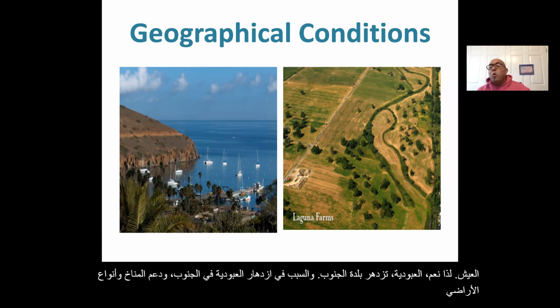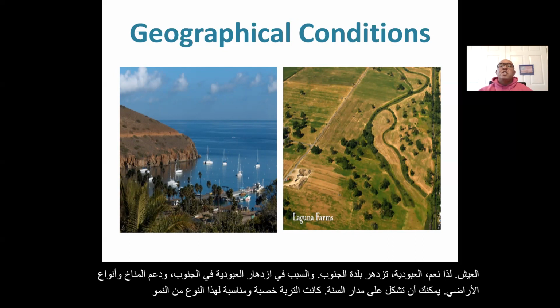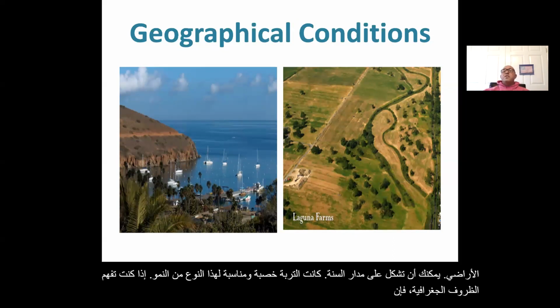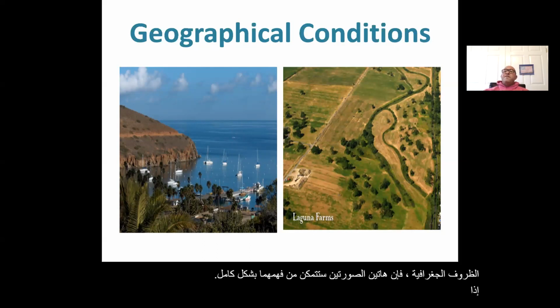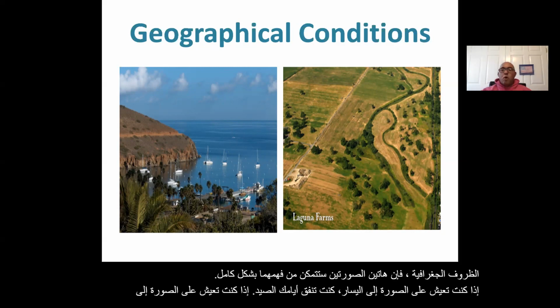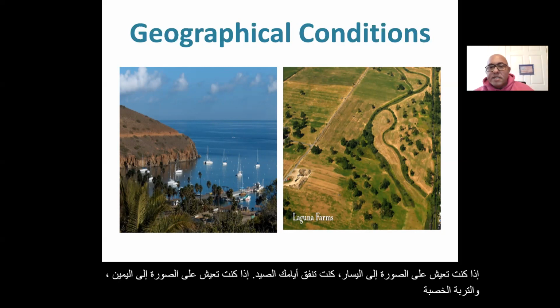The soil was fertile and suitable for this type of growth. If you understand geographical conditions, these two pictures you'll be able to make complete sense out of. If you live in the picture to the left, you spent your days fishing. If you live in the picture to the right, fertile soil, large open spaces, you performed agriculture for your standard of living.